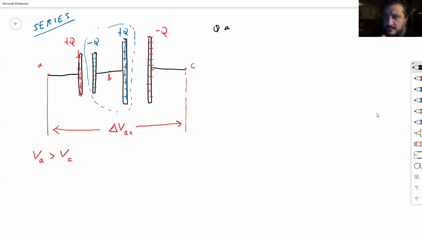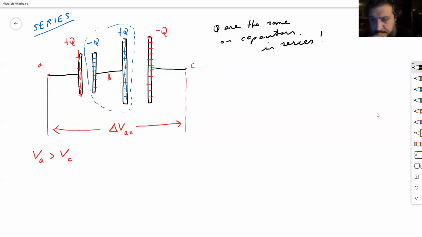Q is the same on capacitors in series. Remember, the dimensions were different. Maybe this is D1, this is D2. This has a surface area equal to A1, this has a surface area equal to A2.